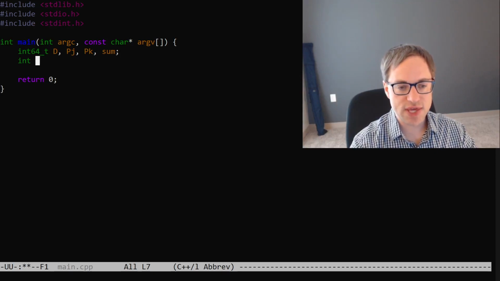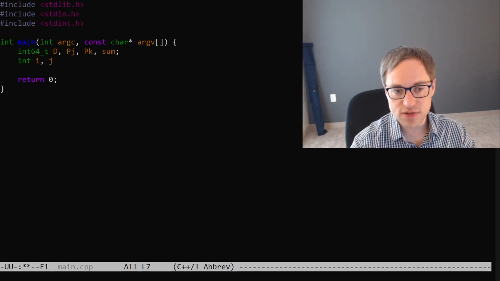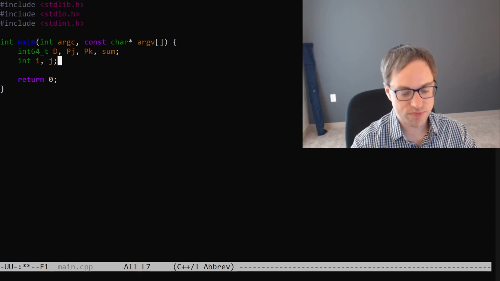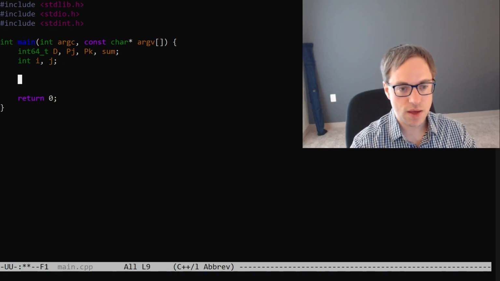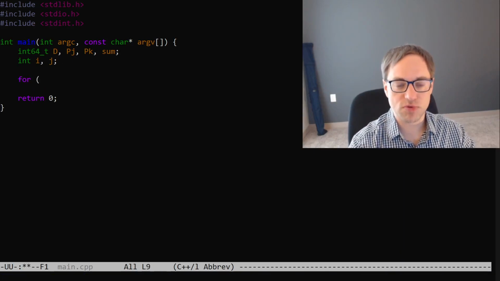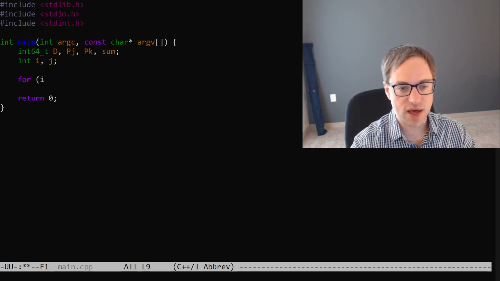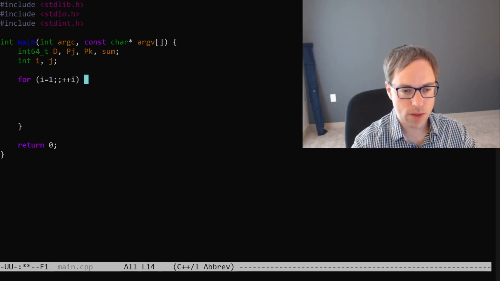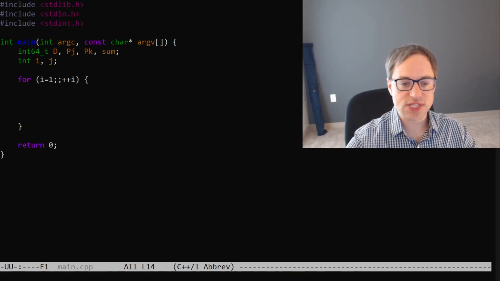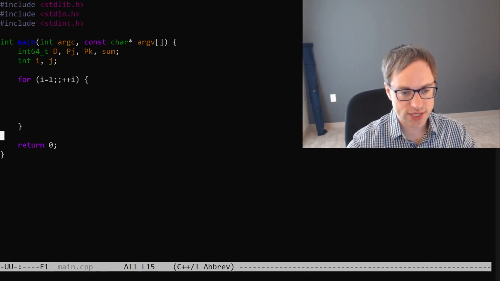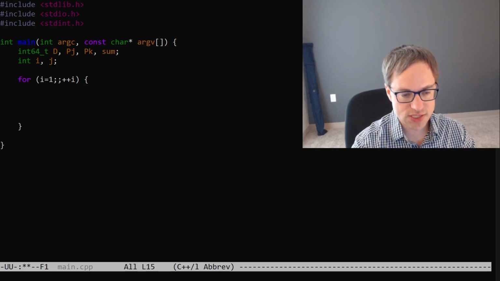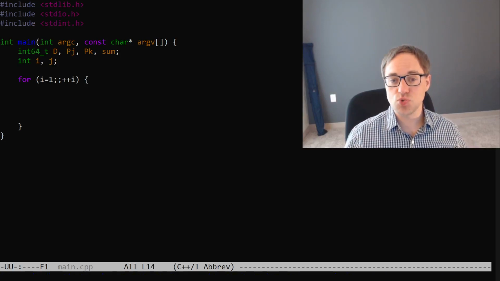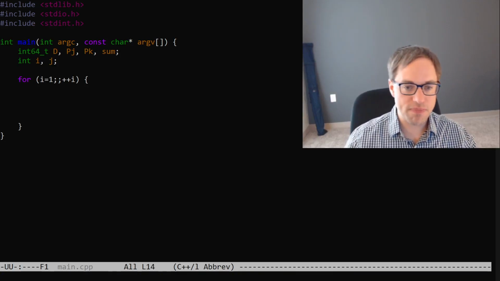We'll make d the ith pentagonal number and p sub j, as you might expect, the jth pentagonal number. Then we'll iterate over possible values of i. So i will start at 1 and go up to infinity, one at a time. Because this is an infinite loop, we'll never actually get to these last two lines. As soon as we find our solution, we'll just return directly from that point.